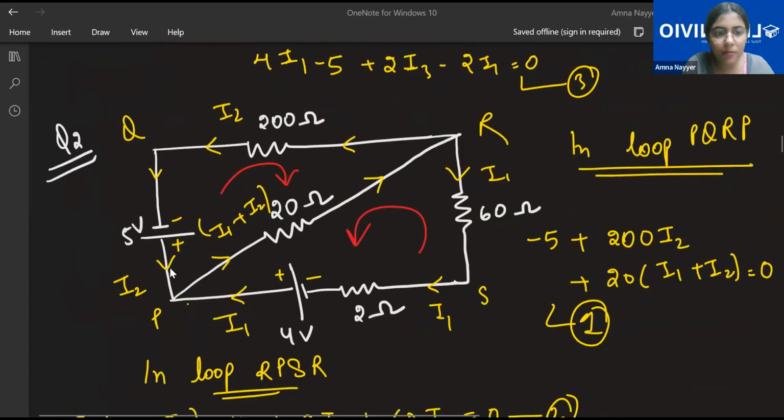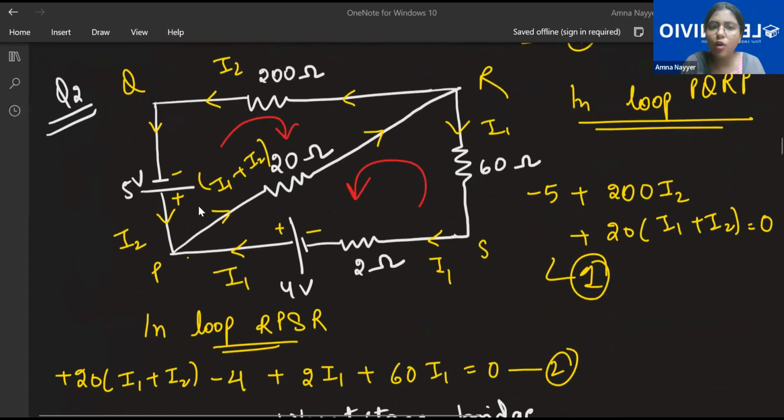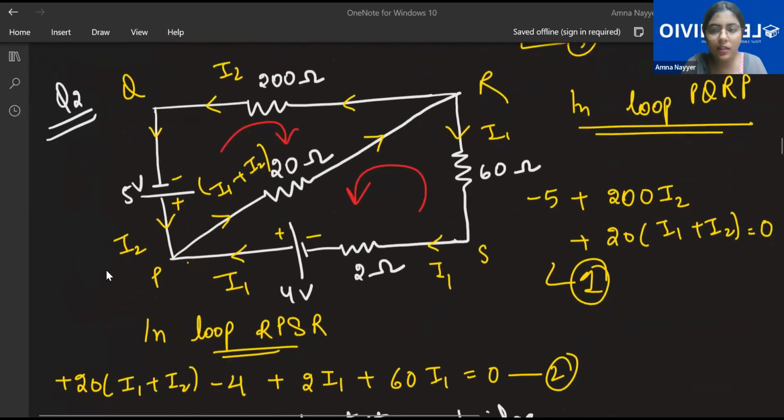We see our direction, not the current. Current you just see for the resistor. For voltage, just see from where you are going. Positive to negative, so minus 5. Here we went again positive to negative, so minus 4. Okay. Yes, I was confused with the direction of current. Not the direction of current.